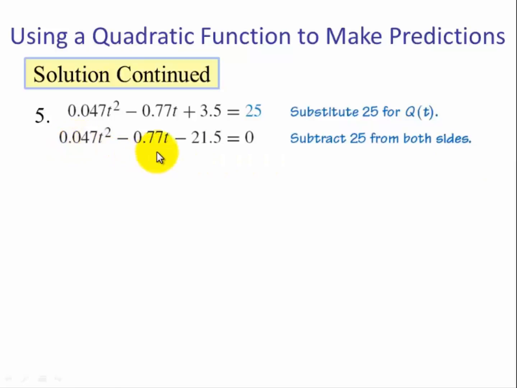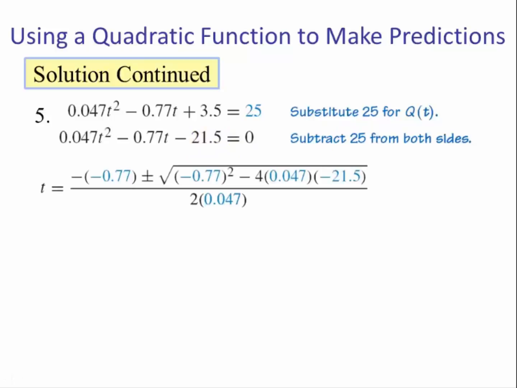This is our value of a, this is our value of b, and this is our value of c. Plugging these values into the quadratic formula, we get t is approximately equal to negative 14.71, which is outside the domain, or we get t is approximately 31.09.